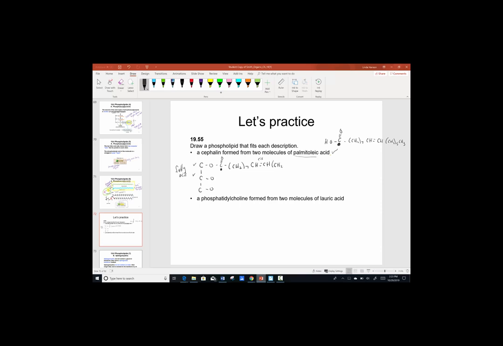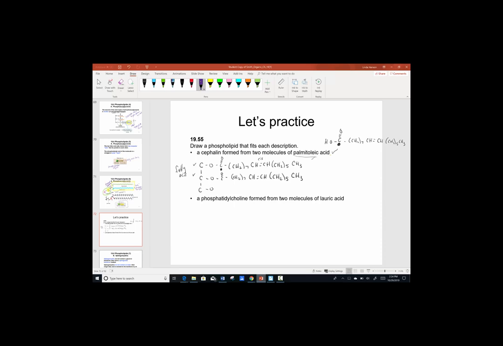We have a unit of CH2 taken 5 more times and then terminating with the alkyl methyl group. We have 2 identical fatty acids, so I just need to draw this twice. There we have it.